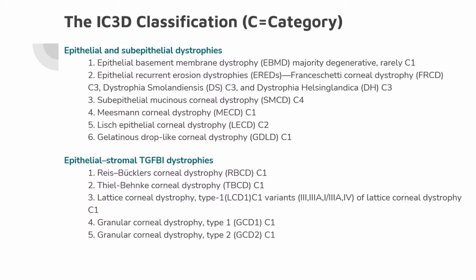And I would be discussing briefly about the epithelial and subepithelial dystrophies. Epithelial and stromal TGFBI dystrophies: Reis-Bücklers, Thiel-Behnke corneal dystrophy, lattice corneal dystrophy, granular corneal dystrophy 1 and 2.